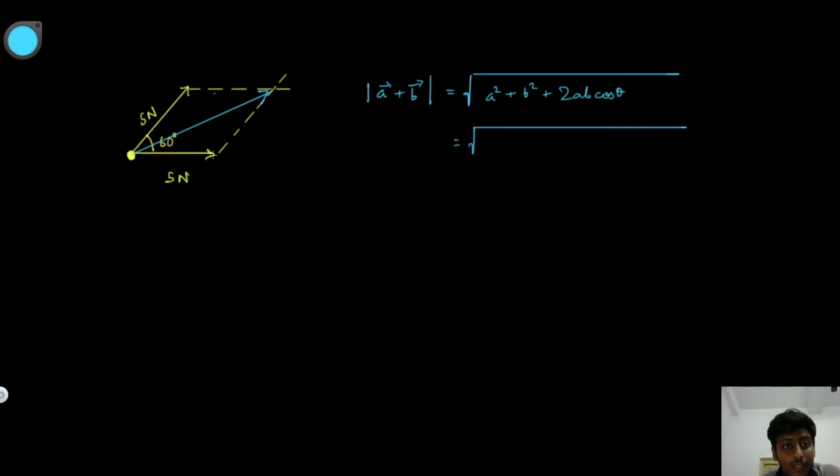The magnitude of a vector is 5, so a square is 25, b square is also 25, and twice ab is 2 into 5 into 5, cos 60 degrees. Now we know cos 60 degrees is half, so this 2 cancels the half, and now we have 75, the square root of 75 newtons.